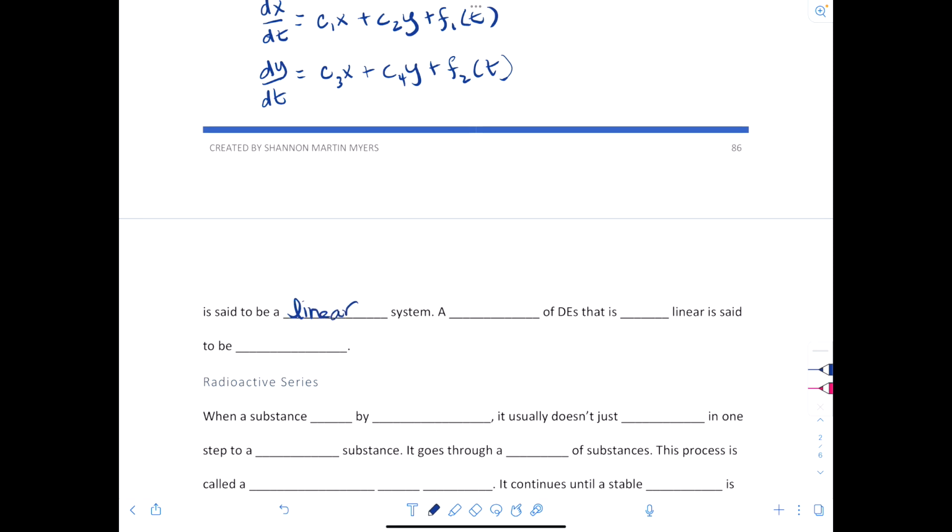A system of differential equations that is not linear is said to be nonlinear. So it's either linear or not.